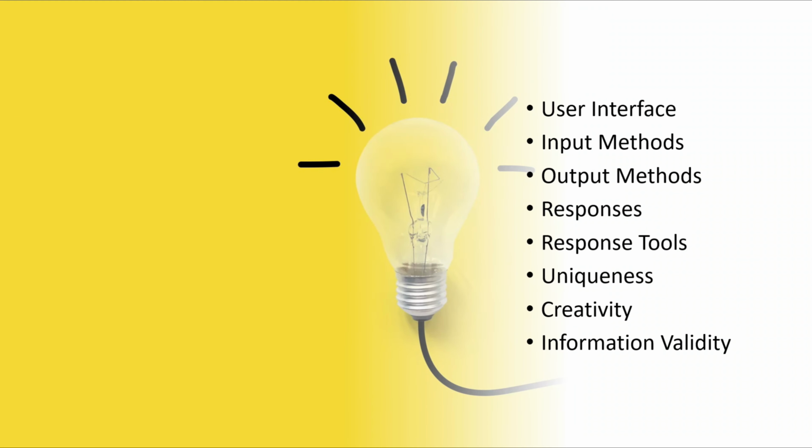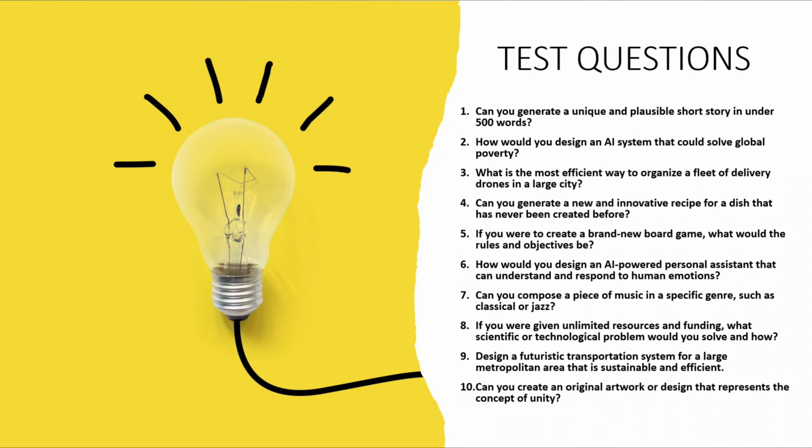Now, in order for us to test the rest of these bullet points, we're going to need to ask some questions. Remember, we already have 10 questions that we're going to be using. At this time, I'm going to be asking the first question: can you generate a unique and plausible short story in under 500 words?